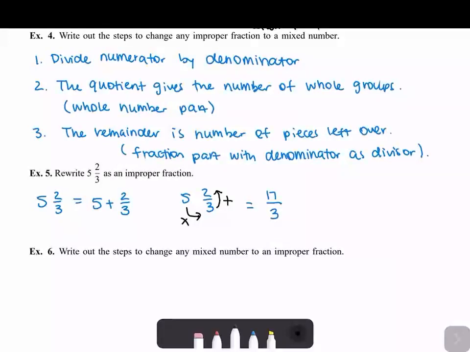What's really happening is that we have 5 wholes that each are made up of 3 parts. So we want to know how many parts we have in those 5 wholes, and to get that, we need to multiply 5 times 3. So we really have 15 parts in these 5 wholes, and then we add that to the 2 parts to get 17.